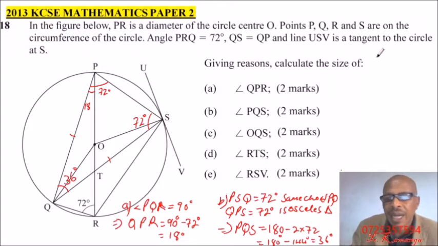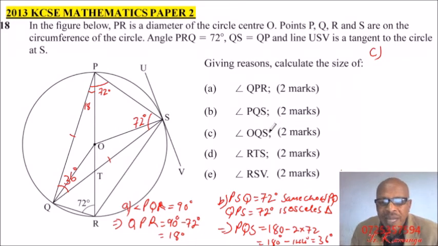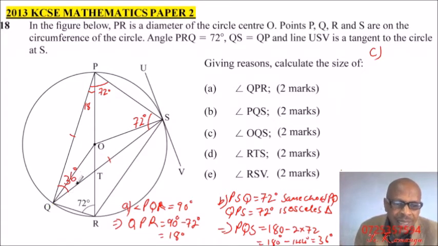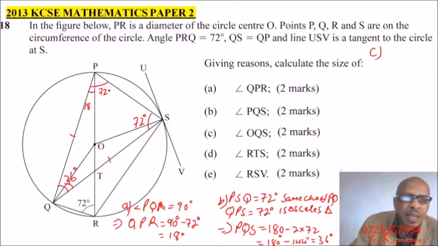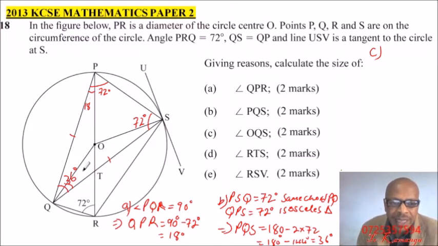Let's come here and have a look at C. We are supposed to find OQS. It is this angle here. Already we know this angle is 18, and OQ and OP are the same, that is the radius.